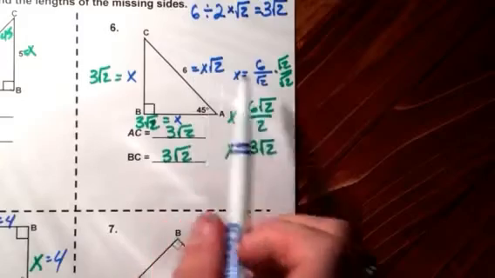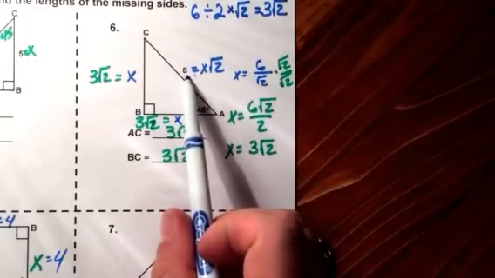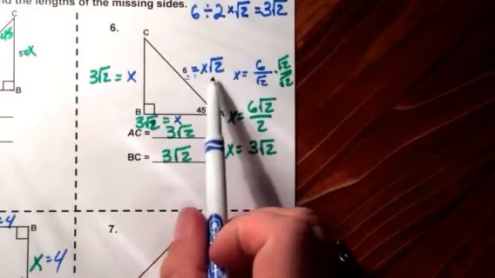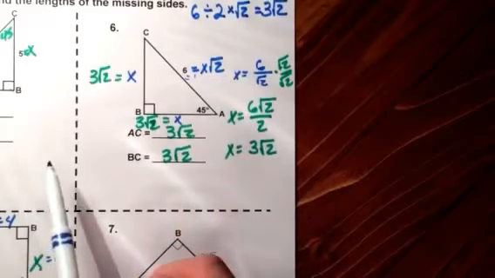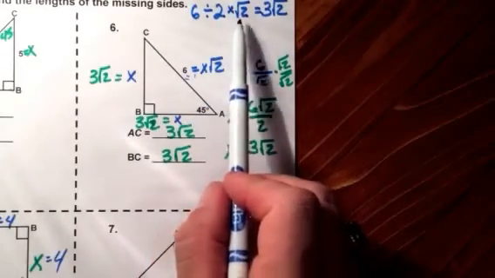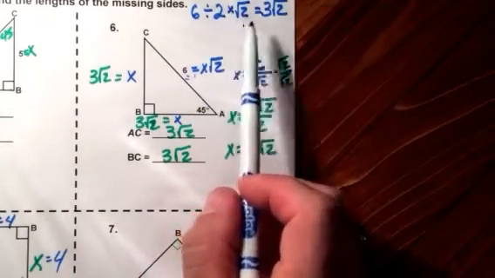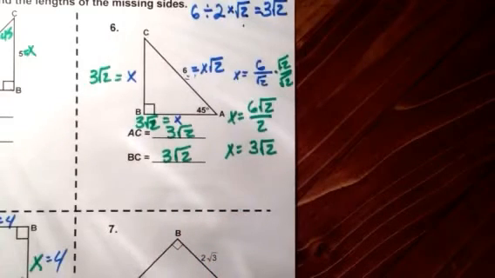So long story short, every time the hypotenuse is an integer and we're saying that it equals X radical 2, you can divide by 2 and multiply by the square root of 2. And you will get to the same place and have a rational answer to put on your paper.